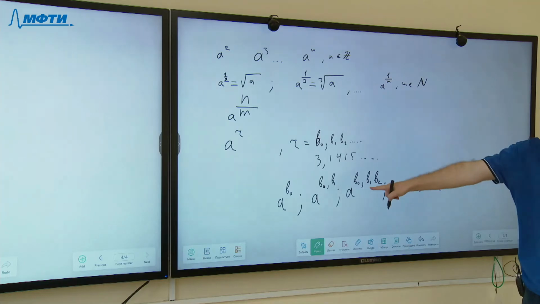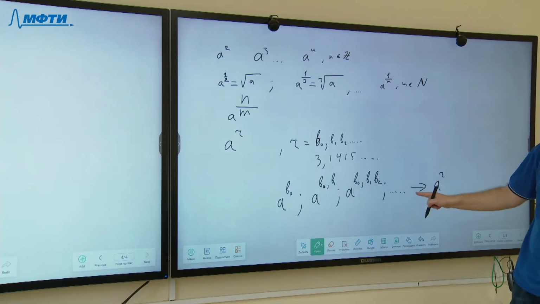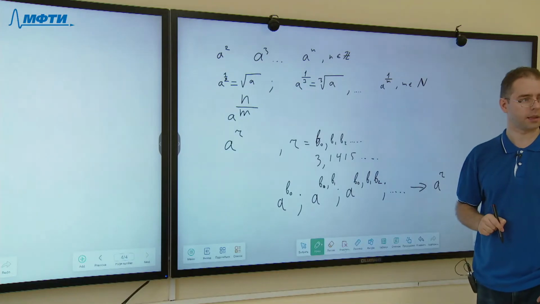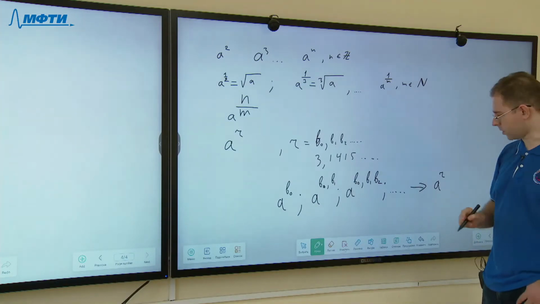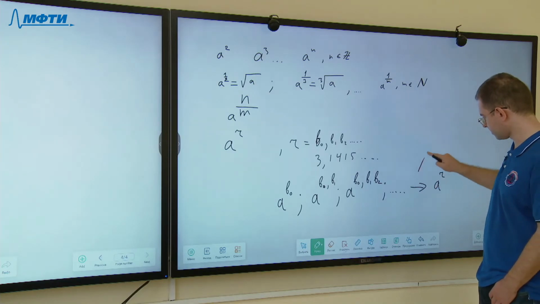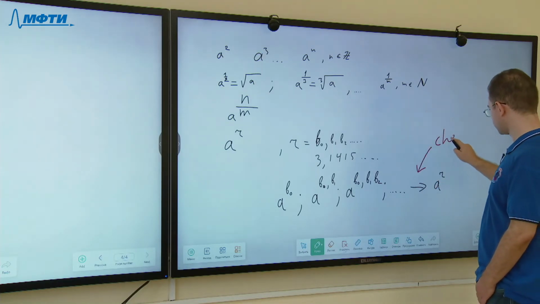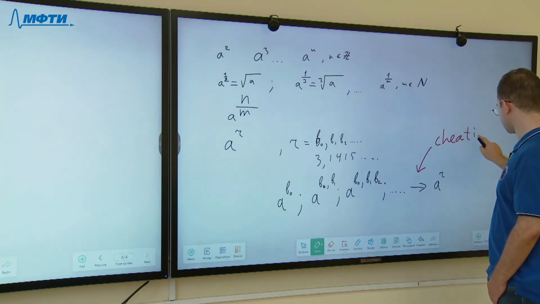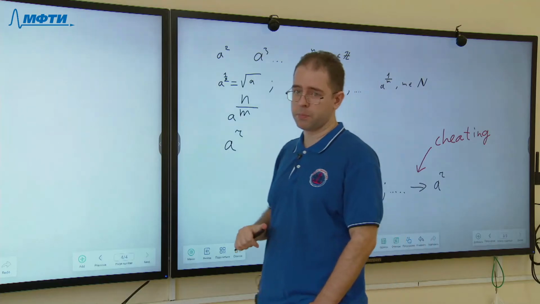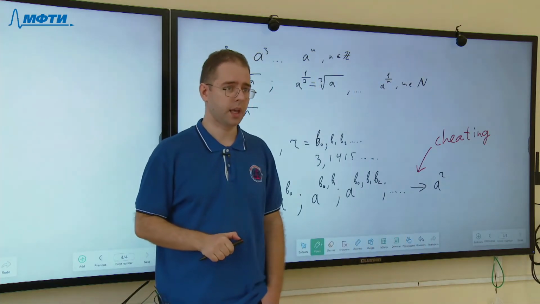So the limit of this sequence is my definition of a power r. Okay? So this is the cheating part. But this is the general idea.